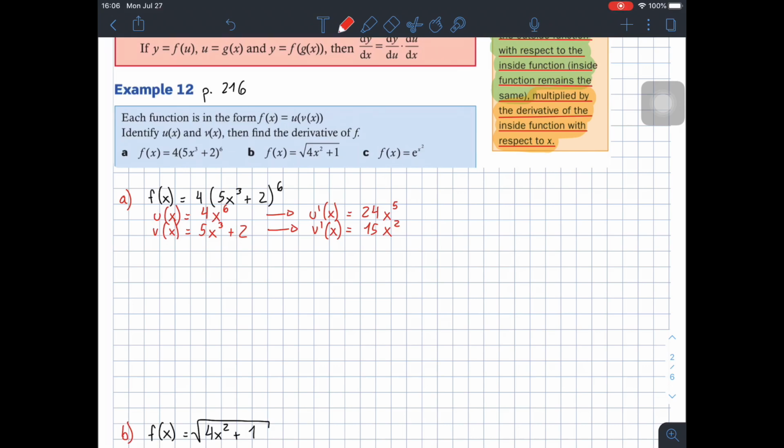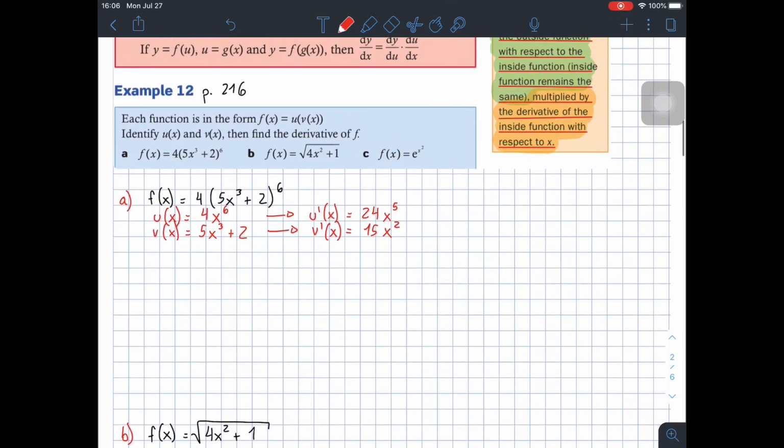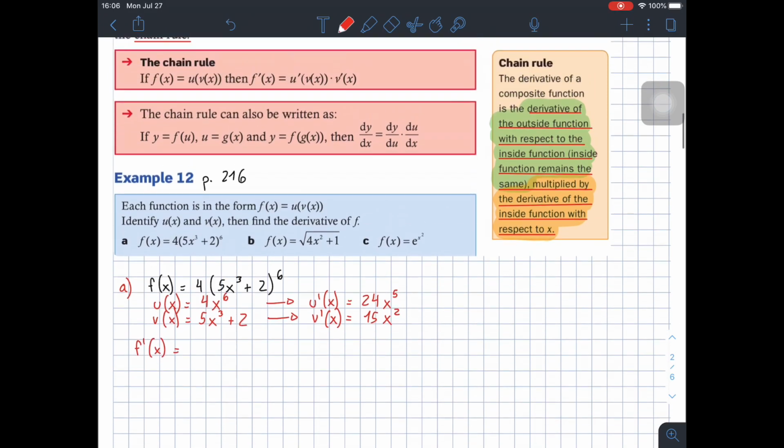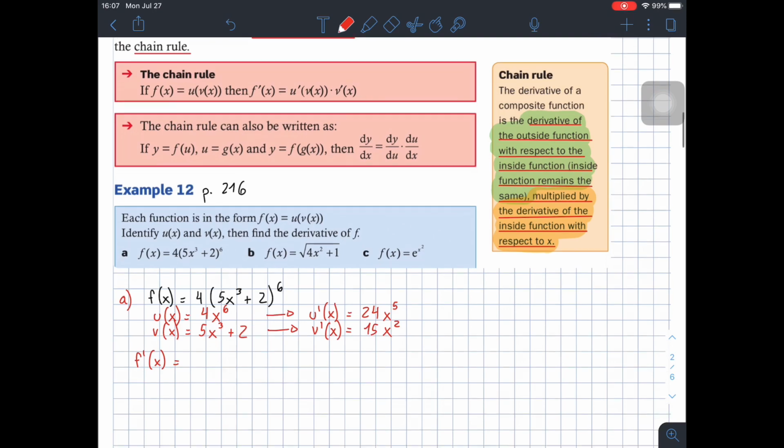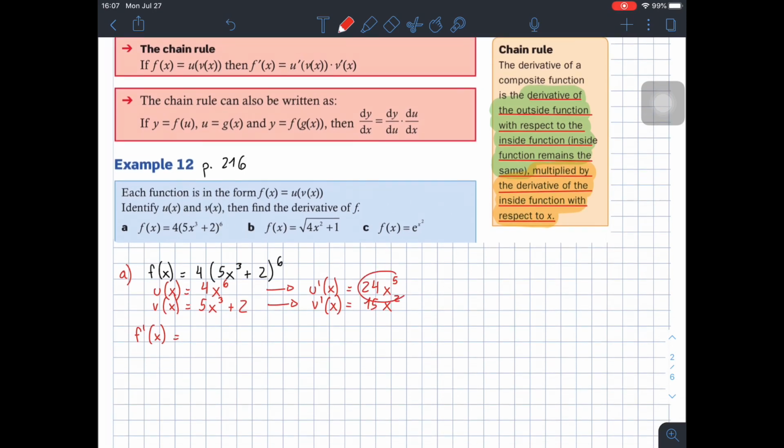Okay, so if we want to find f prime of x, basically what we need to do is take the derivative of u with the inner function remaining the same, times the derivative of v. The derivative of u is this, so I'm going to write 24.